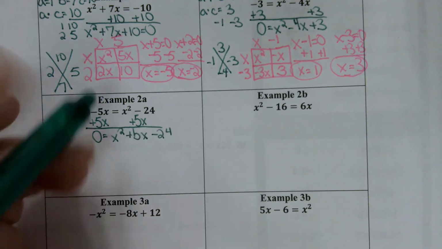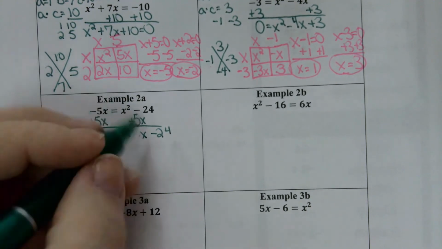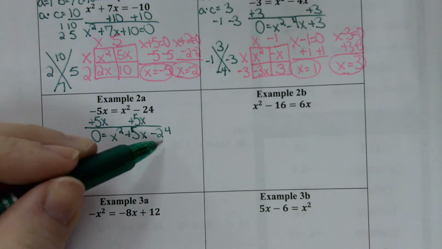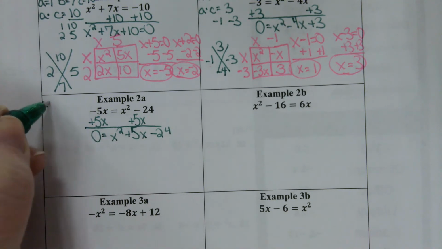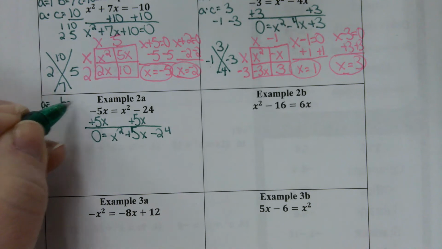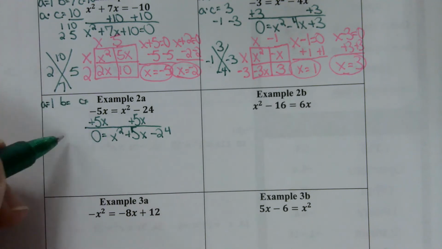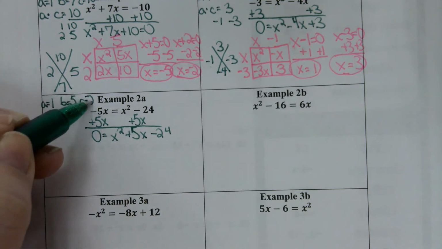Oops, I need to change that b to 5. Look for a GCF, but there isn't one. So A is equal to, B is equal to, and C is equal to. A is 1, B is 5, and C is -24.